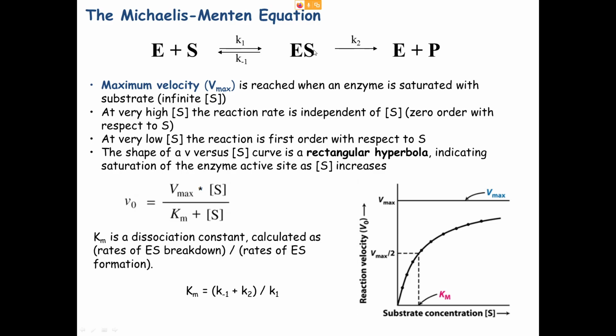They don't associate readily. And K minus 1 is going to be a large number because if they do happen to bind to one another, they fall apart readily because it's a poor substrate. In that case, the numerator will be large compared to the denominator, and Km will be large. So it appears that Km has a reciprocal relationship with affinity, and that's true. A high affinity for one another means a low Km value, and a large Km value means a weak affinity of E and S.